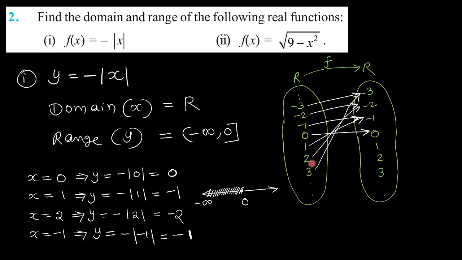So I repeat, all the arrows go towards negative numbers, including 0. 0 is included, so we use this bracket on the side of 0, meaning that 0 is included. This is a good method, but not considered a general technique. For small problems we can use this method, and you will get both domain as well as range.